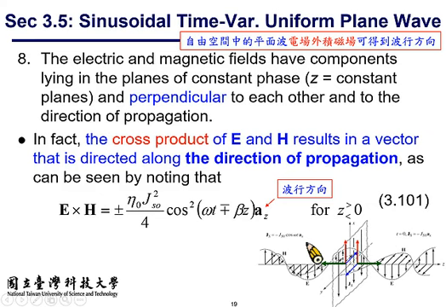And in our previous lecture, we already derived the form of electric and magnetic field in terms of sinusoidal signal. Okay, so the electrical field is eta sub 0 over 2 times J sub S0 cosine omega t minus plus beta z, and the magnetic field has similar representation as the electrical field, except the magnitude is smaller.